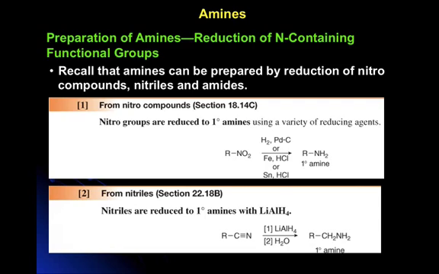Okay? We can also synthesize amines from nitro compounds. So if we have a nitro group on an alkyl group or an aromatic group, we can reduce that by a variety of conditions to give us a primary amine. Tell me something about those conditions. Which one would you use if you came into my laboratory?